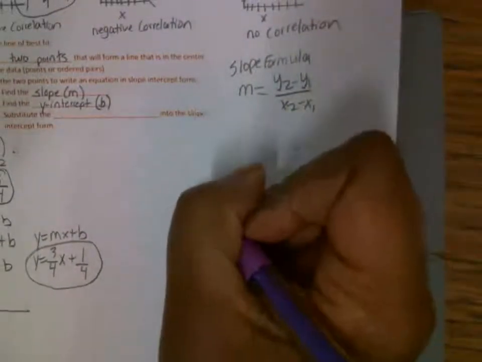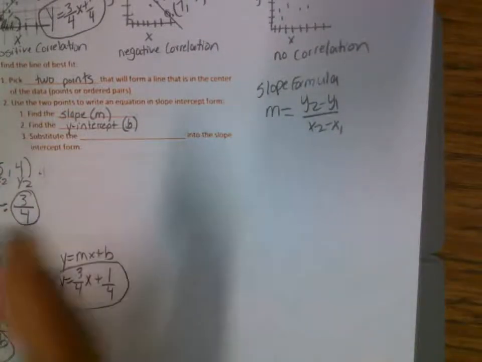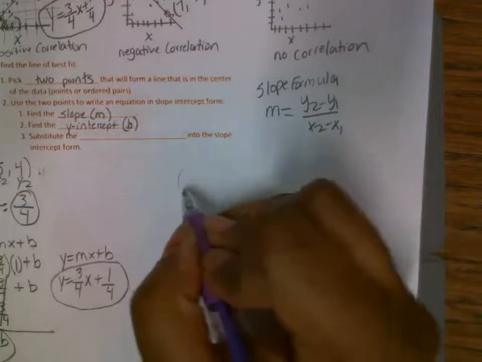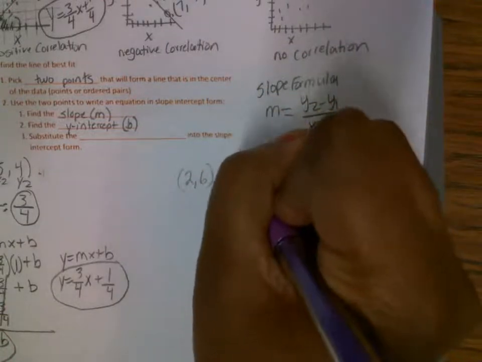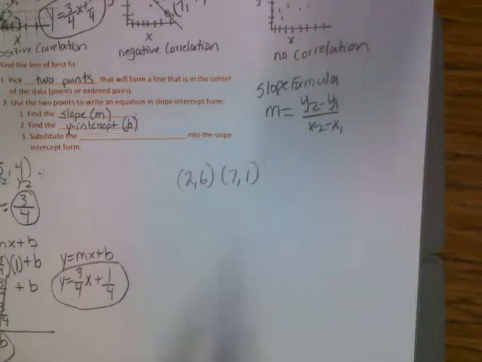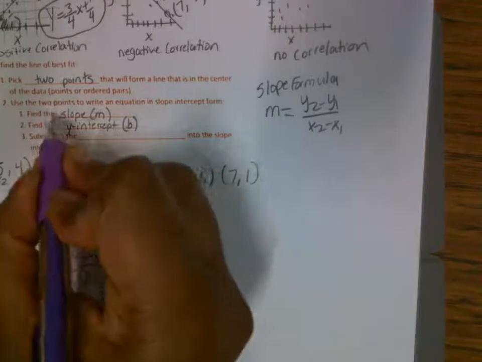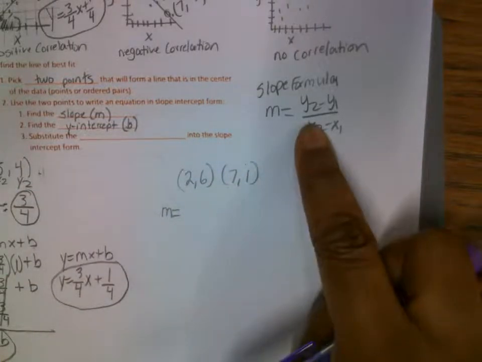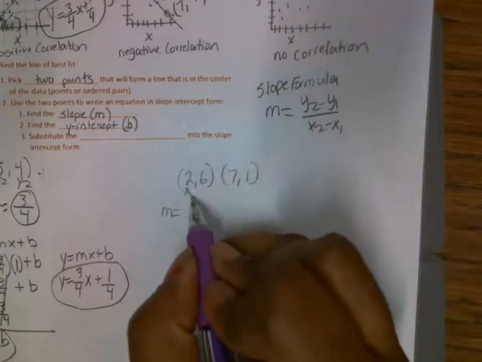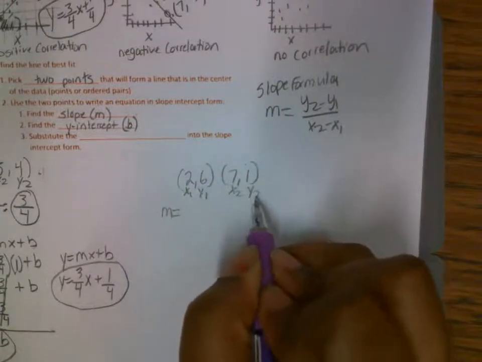All right, so now you're going to go down here and use those 2 points to write an equation for that line. So your 2 points, we got 2 comma 6 and 7 comma 1. Remember, it's going to be a negative slope because again the line is going down. So first thing we do is find the slope. Use this slope formula. This is your x1, y1, x2, y2.